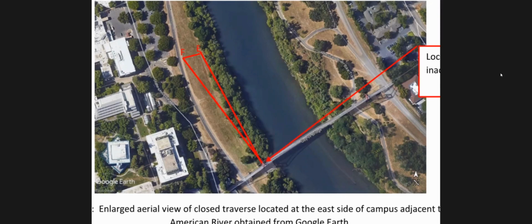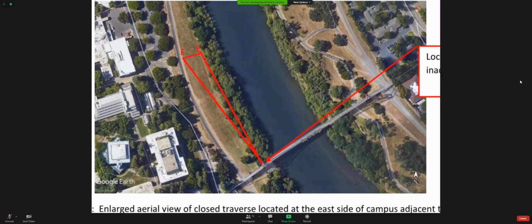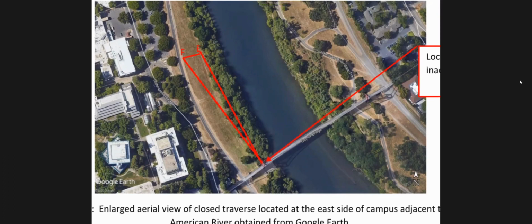However, now the trees have grown taller, and if you set up on points A and D instead of points E and F, you can't see the tower from point D because the trees are in the way. You can barely see the tower now from point E. So I don't know how much longer we're going to be able to do this lab without somebody going out and trimming some of these trees. That's the only solution.